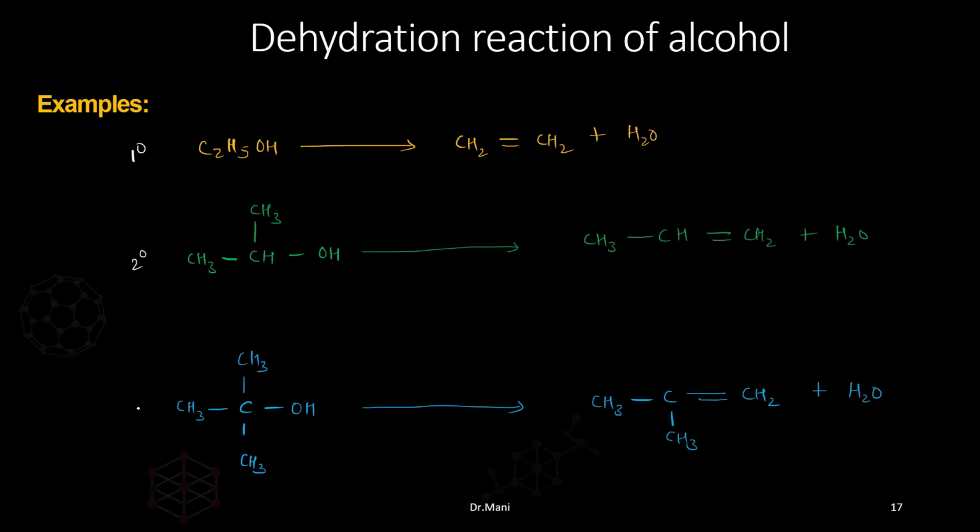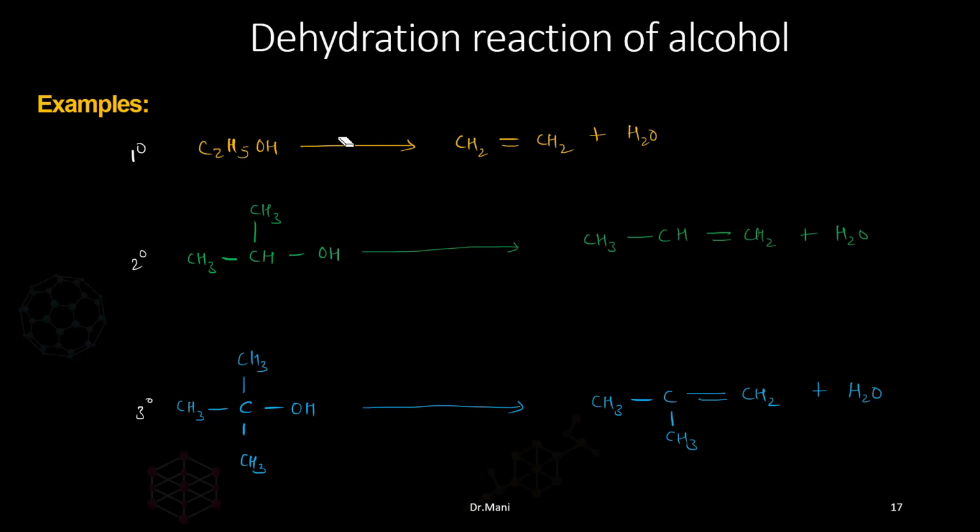So if you see here, for primary, secondary, tertiary, which one is more reactive? Primary or secondary or tertiary? Tertiary. Tertiary is more reactive. So if I ask which one needs more catalyst, does the primary need more catalyst or tertiary need more catalyst in order for the reaction to happen? Primary. Primary needs a stronger catalyst compared to tertiary.